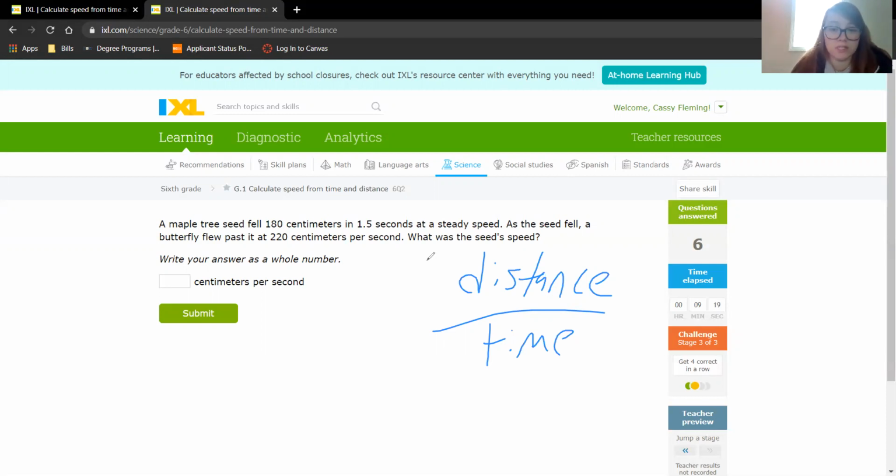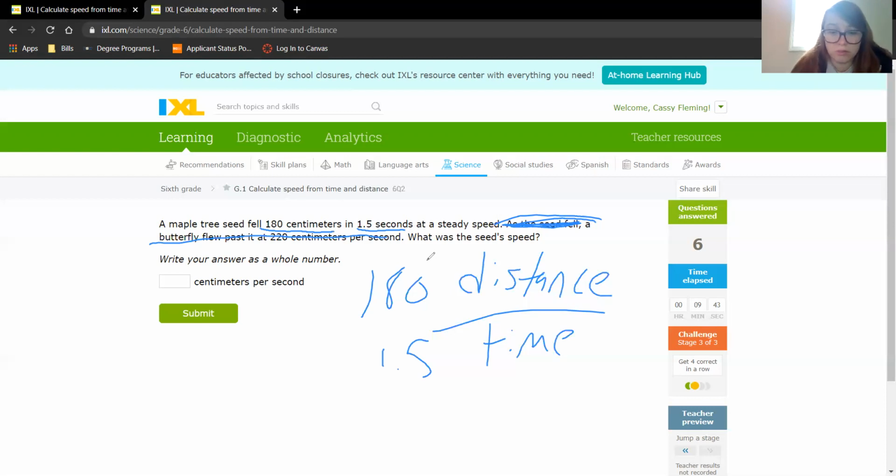We just need the distance that the seed went and the time that it took. So it tells us that it went 180 centimeters distance, and it did that in 1.5 seconds. This butterfly isn't part of our problem. It wants to know about the seed, so that's all useless nonsense, just trying to distract us.